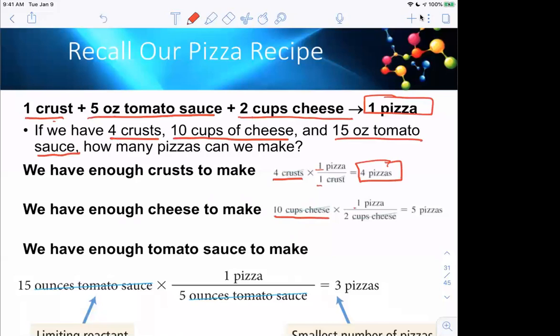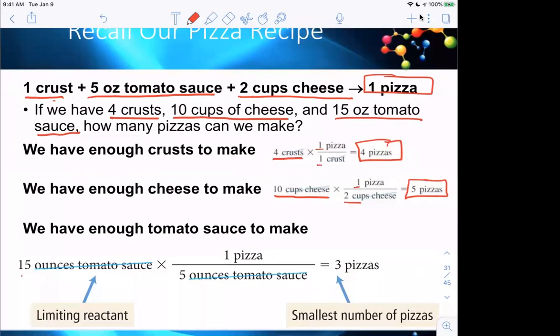The ratio, 1 pizza takes 2 cups of cheese. I can make 5 pizzas if I have 10 cups of cheese. 15 ounces of tomato sauce. My ratio is 1 pizza for every 5 ounces. This means I can make 3 pizzas.